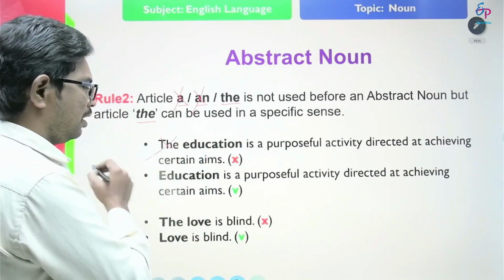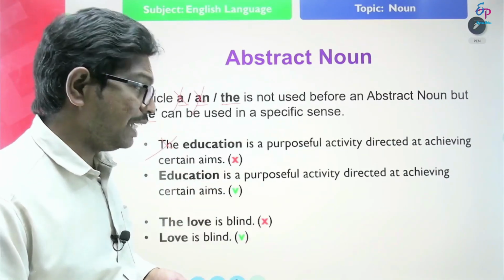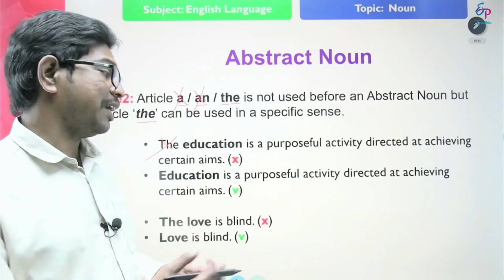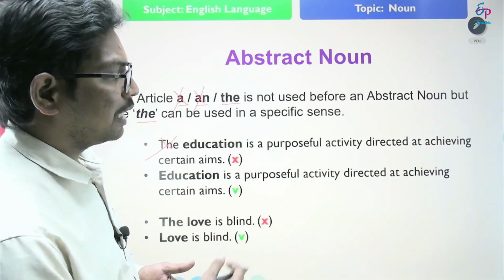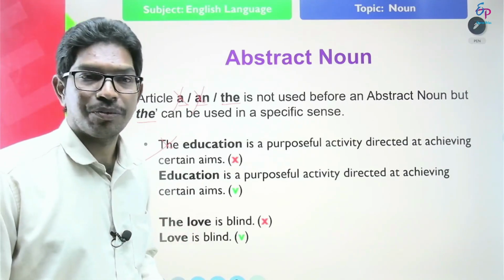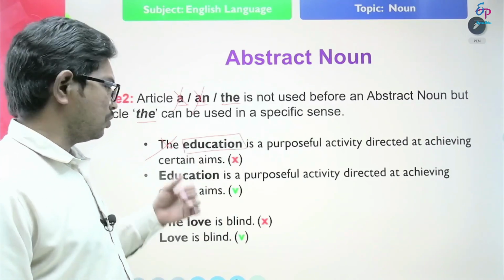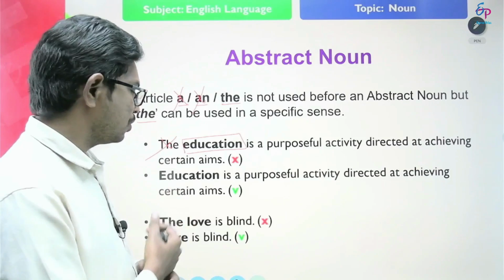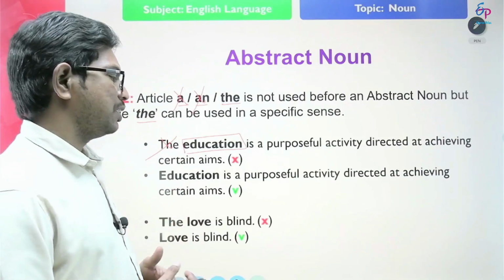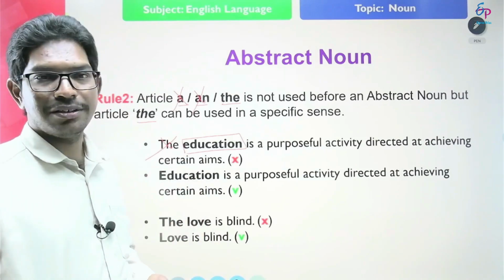Just say education is a purposeful activity directed at achieving certain aims. So here education is spoken in a general sense. So we cannot use article the or a or an before it. So simply we can say education is a purposeful activity directed at achieving certain aims.